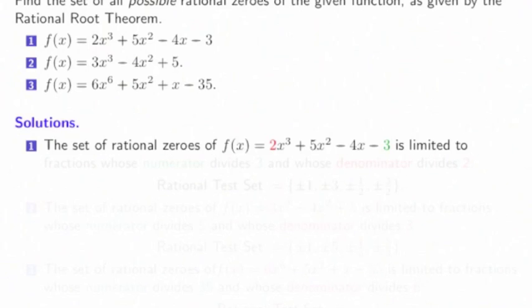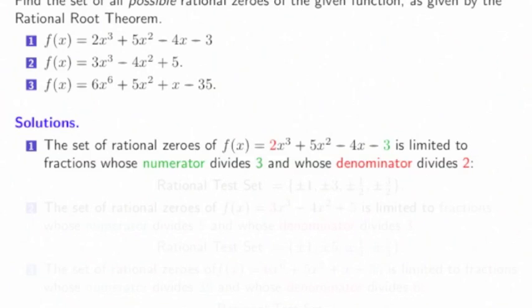In the first case, we have a cubic polynomial where the leading coefficient is 2 and the constant term is minus 3. So the roots are going to be limited to fractions whose numerator divides 3 and whose denominator divides 2. Now the integers that divide 3 are just 1 and 3. And the integers that divide 2 are 1 and 2.